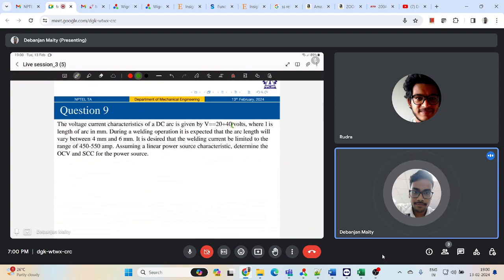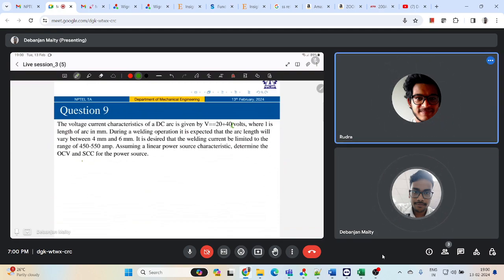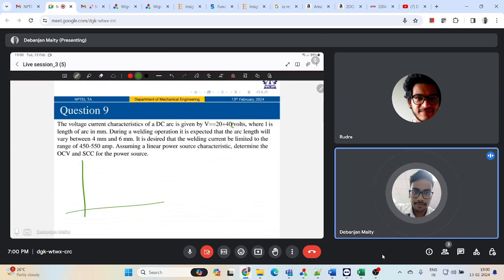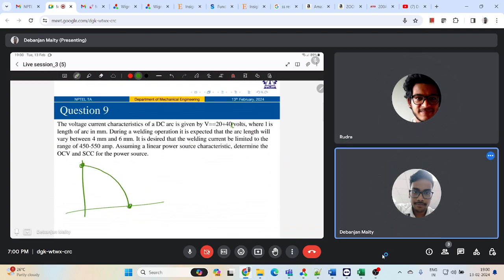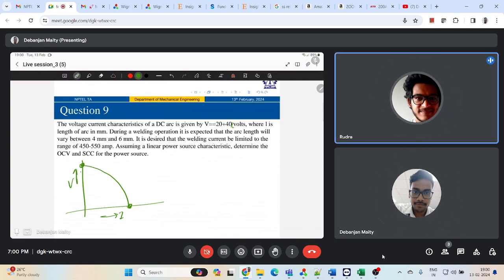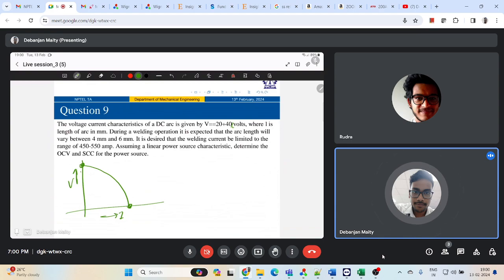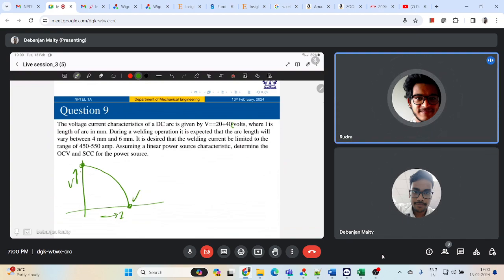Then it says I am assuming a linear power source characteristic. So what are these two operating points? If this is current and this is voltage, what are these two operating points? We talked about short circuit current and open circuit voltage.